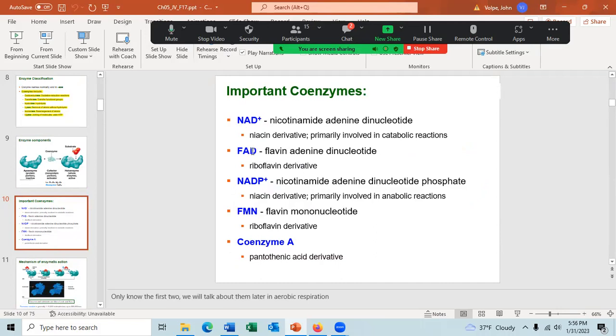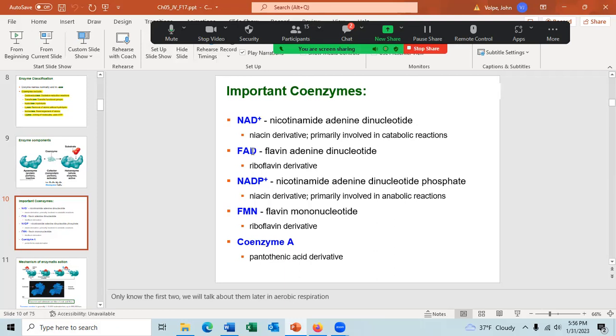These two coenzymes come into play in aerobic respiration, so we will talk about them, and you should know these two as important coenzymes. The enzymes which perform in aerobic respiration, the making of ATP, have NAD+ and FAD as important coenzymes.